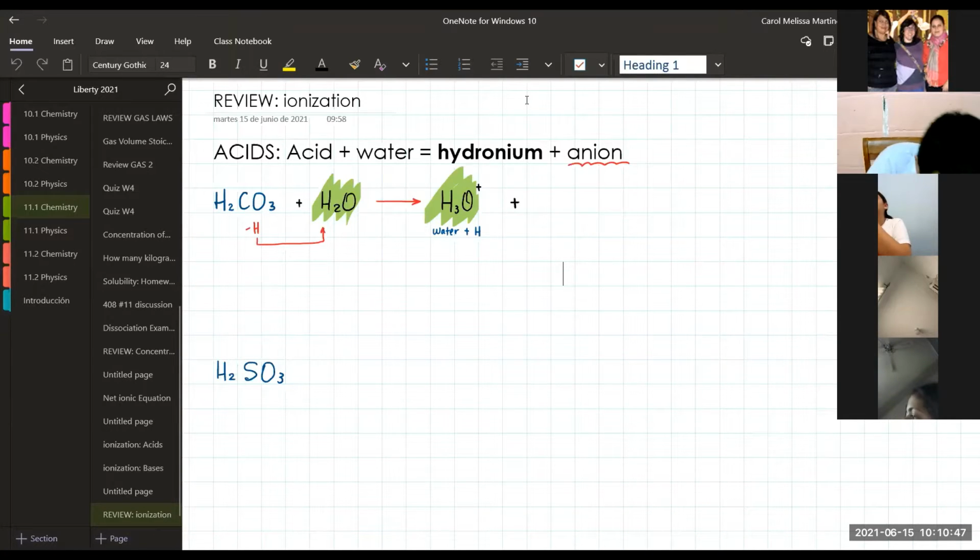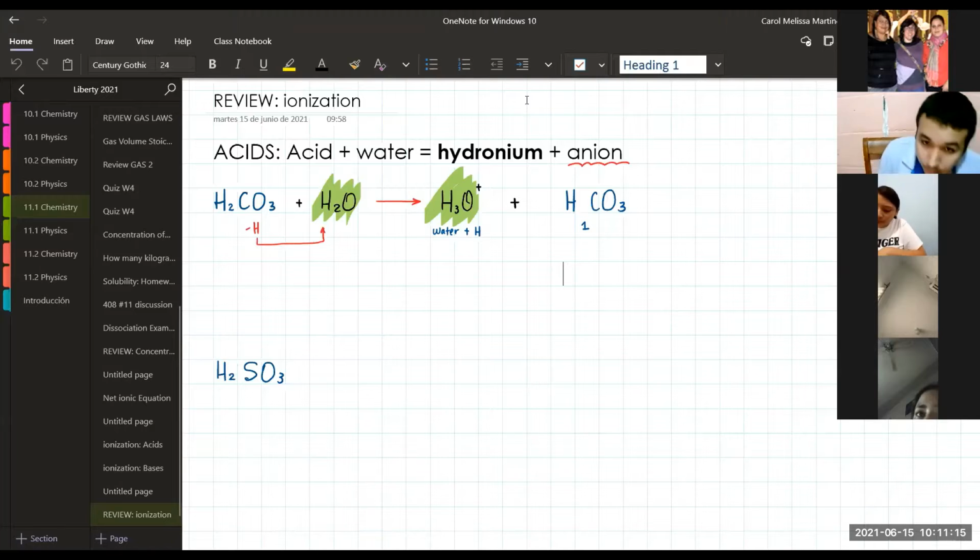The anion is going to be the same acid but without one hydrogen. So the anion is going to be H, instead of 2, it's going to be 1, or invisible 1, CO3, HCO3.